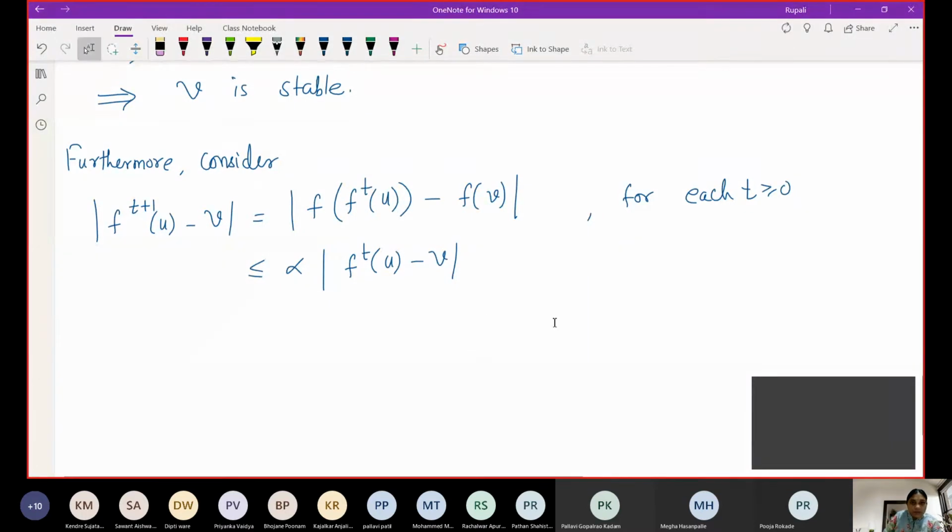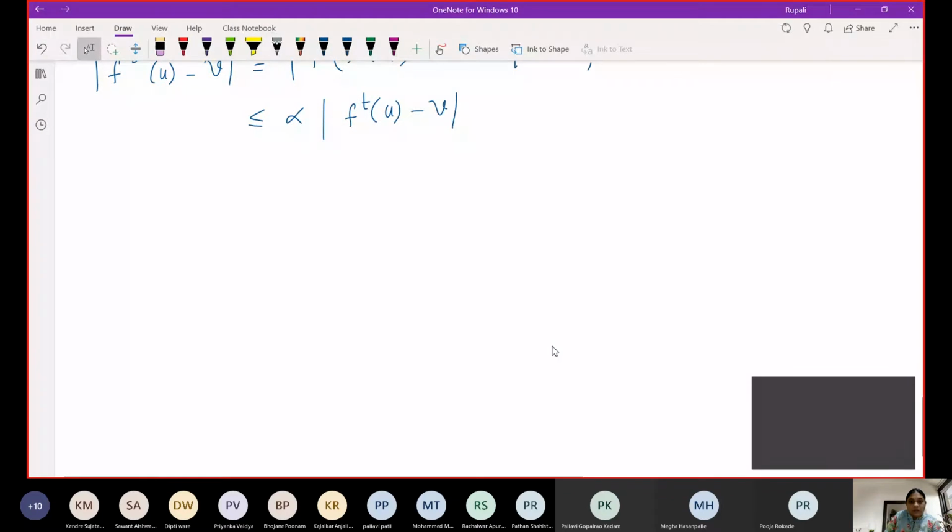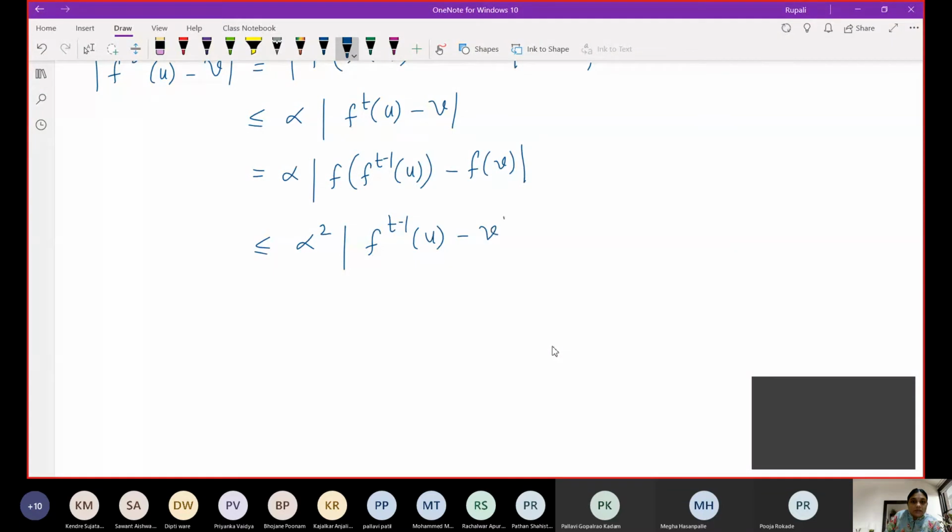Now again I can write this as f of f raised to t minus 1, and again this v I can write as f of v. So I will get this is less than or equal to alpha square mod of f raised to t minus 1 at u minus v. Is that right? Yes, ma'am.